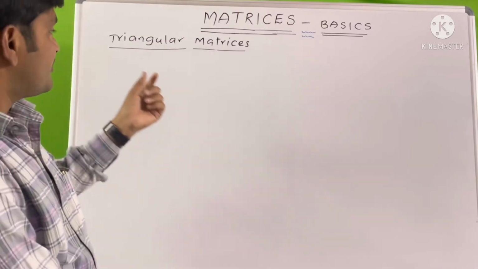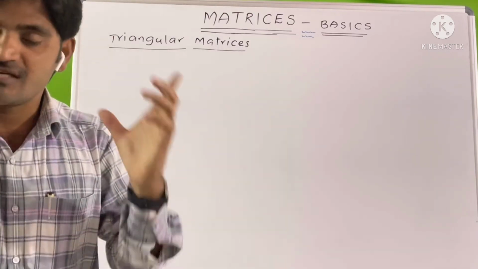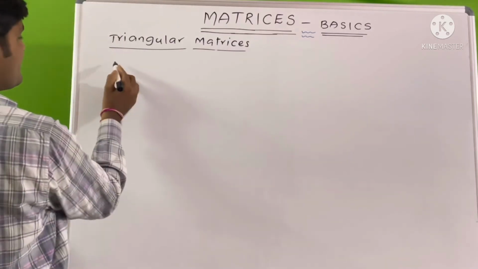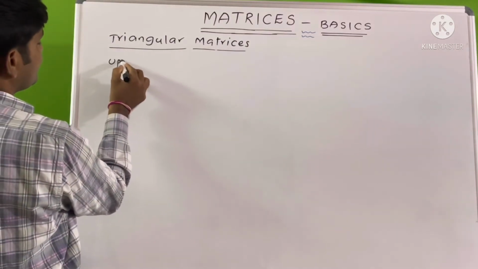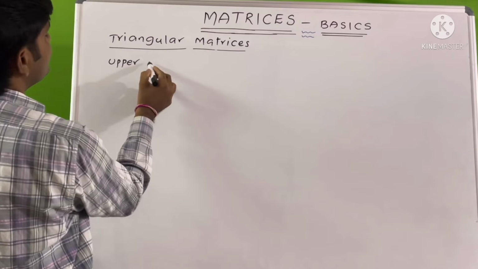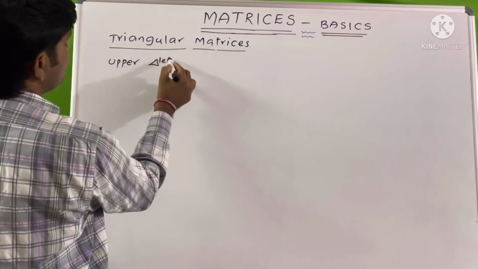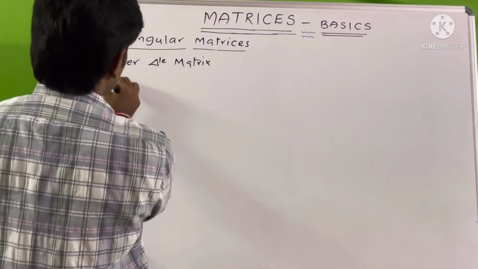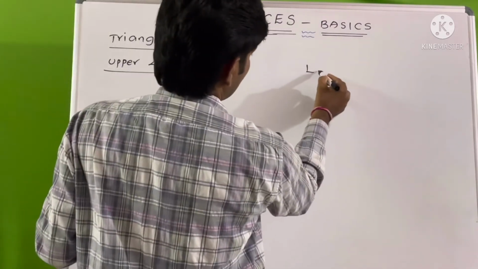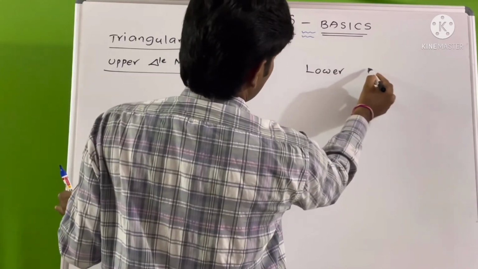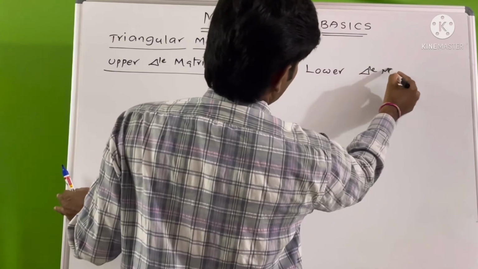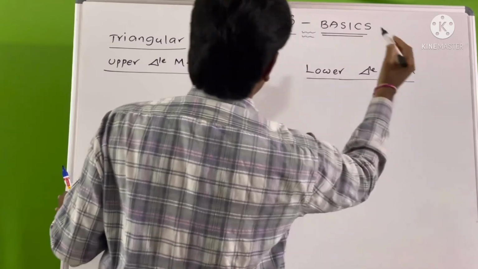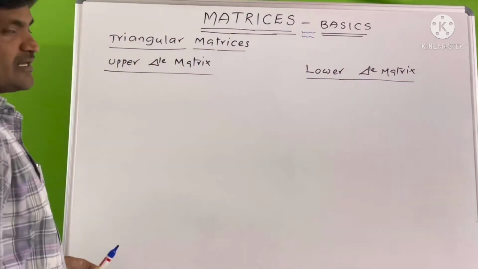First one is upper triangular matrix and second one is lower triangular matrix. So this is also one of the important definitions at the IPE level.